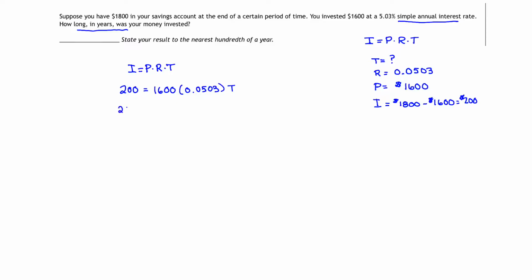Taking out our calculator, we get that 200 equals, and multiplying 1,600 times 0.0503, we get 80.48 times t. We finish this simple equation by dividing both sides of our equation by 80.48.